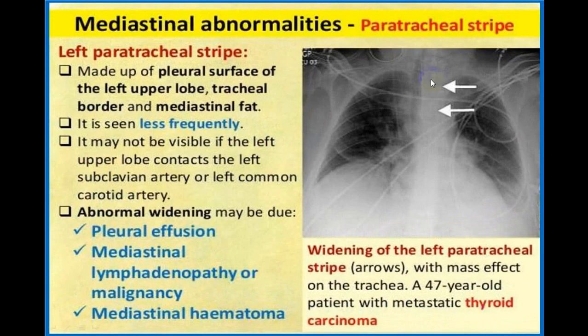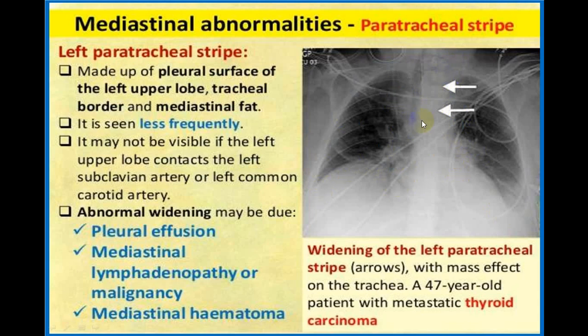Now here there is a left paratracheal mass, and that is because of thyroid carcinoma. Here you can see the left border clearly, left hilum, aortic knob, but here it is difficult to identify. And on this side, right diaphragm, right border of the chest wall, right atrium, right hilum, superior vena cava, but still there is some shadow here.